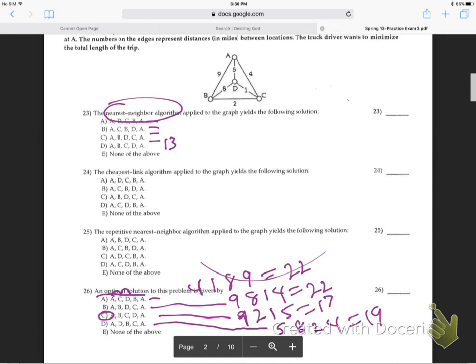Remember, these methods aren't perfect. The only time you can do the add up, take the best, one more time, is on the one they say optimal. Optimal means best. Then yeah, just add them up, take the best. Is that good? The other ones don't do that. You got to do the actual method. It might not be the best one on that. All right, good. So we'll move on then, if that's okay. Tomorrow.